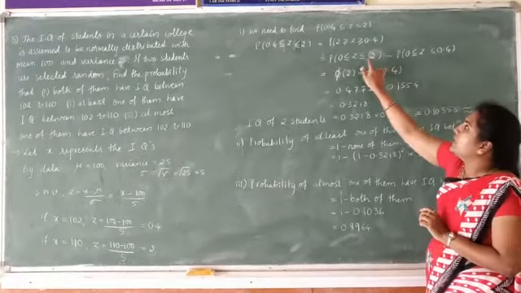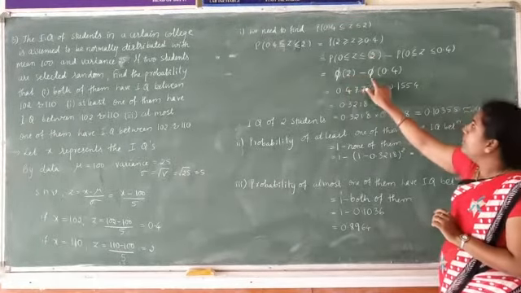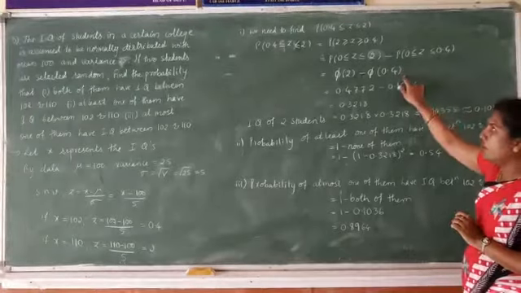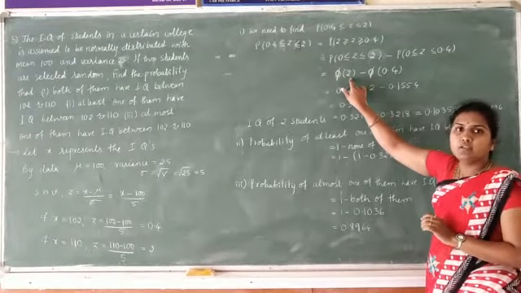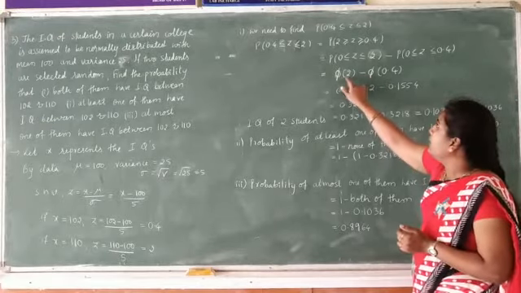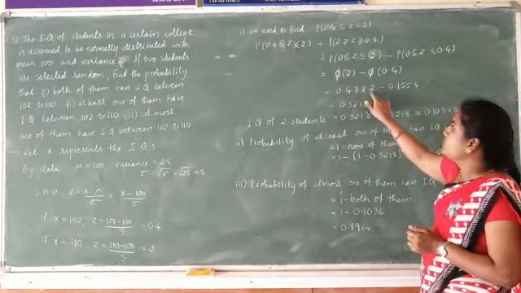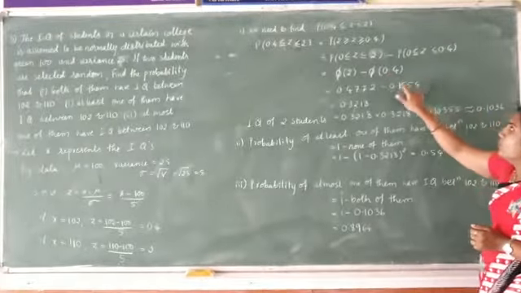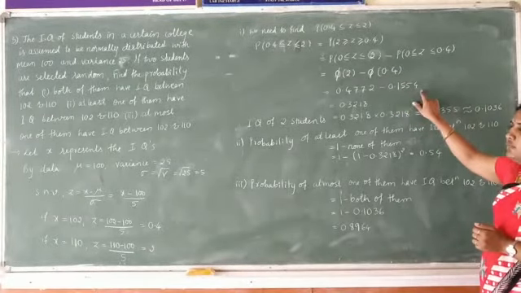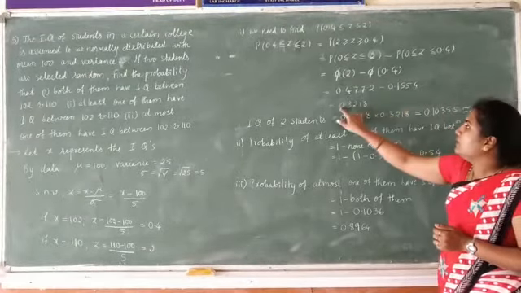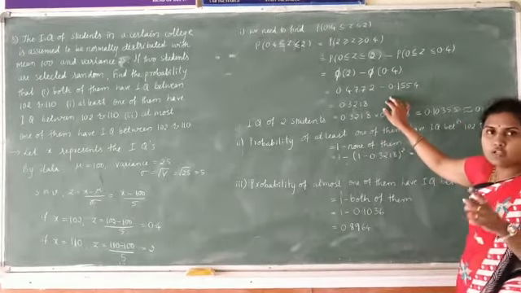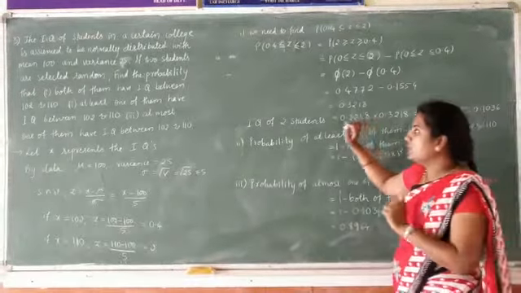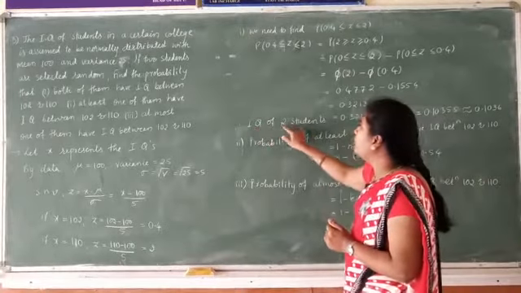And this we can write as phi of 2 minus phi of 0.4. These two values we can substitute from the normal distribution table. Phi of 2 is 0.4772 and phi of 0.4 is 0.1554. Simplify this one. Here we are getting 0.3218. This is the probability for the IQ of one student. Now we need to find the IQ of two students.